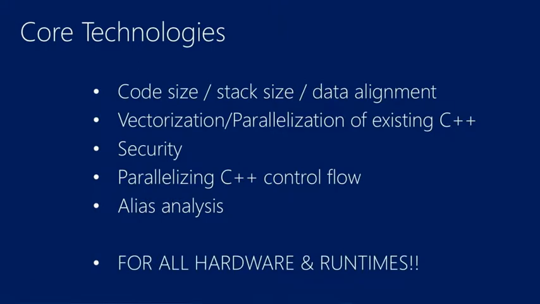And all of these core technologies are really, really important for all of the hardware and all of the runtimes that we target. Sometimes I actually feel it's harder to target the myriad runtimes that we deal with than it is the different hardwares. So I'll drill first into the code size and stack size and data alignment.